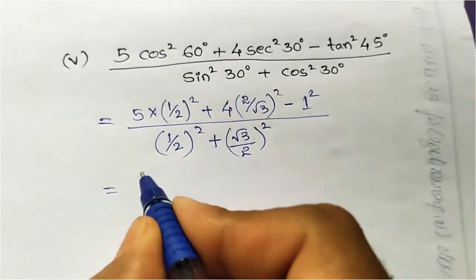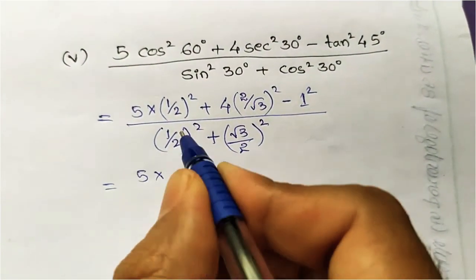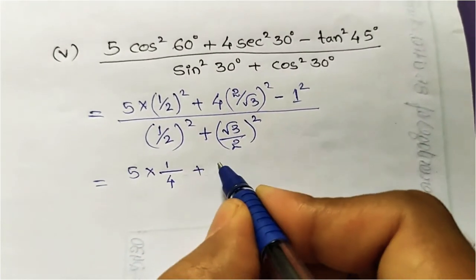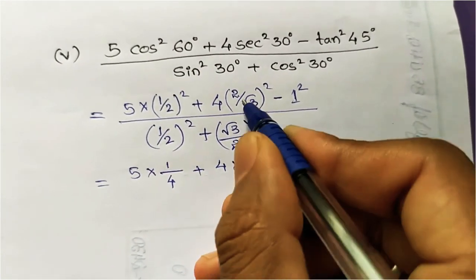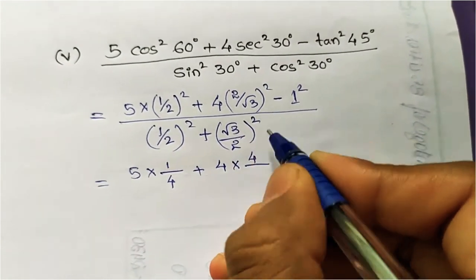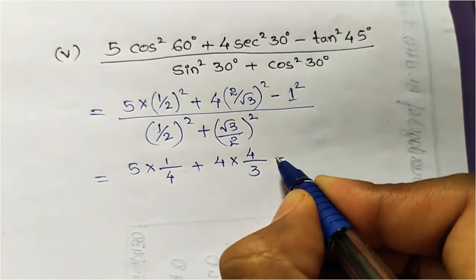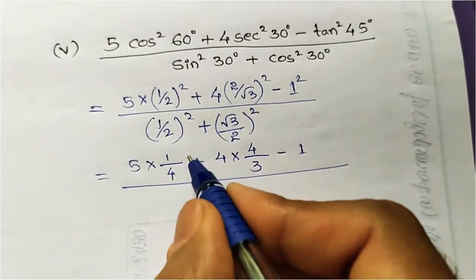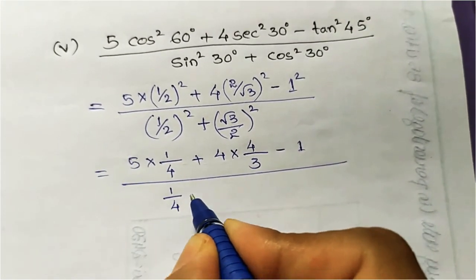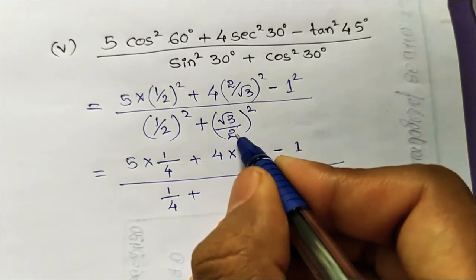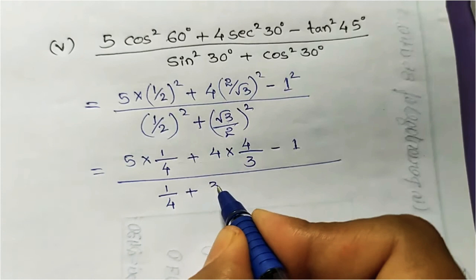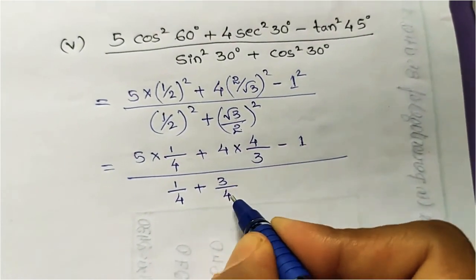Okay. So 5 into 1 square is 1, 2 square is 4, plus 4 into 2 square is 4, root 3 is 3, minus 1, whole divided by 1 by 2 whole square is 1 by 4, plus root 3 by 2 whole square, root and square will get cancelled, 3 and 2 square is 4.